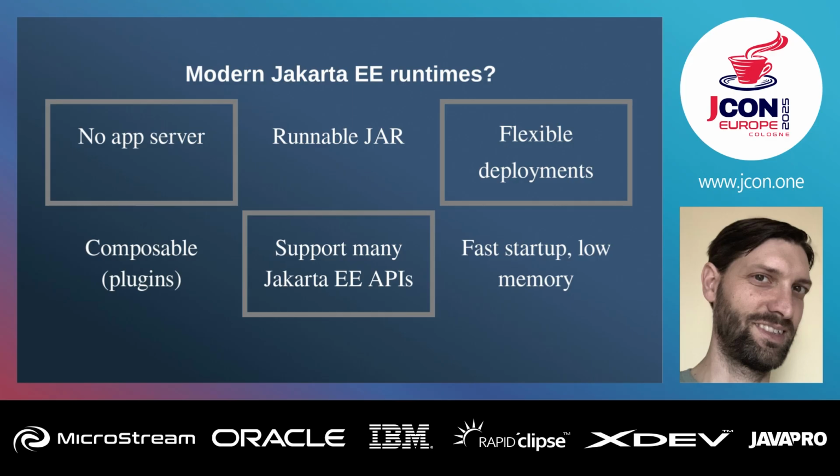So another example of how flexible Jakarta EE is that there are other runtimes which are no longer application servers. They don't support deploying applications on them. They are basically frameworks, but they still support Jakarta EE APIs. I think none of them supports all Jakarta EE APIs, but they support some of them. It only differs to what extent, and then they provide their own APIs.